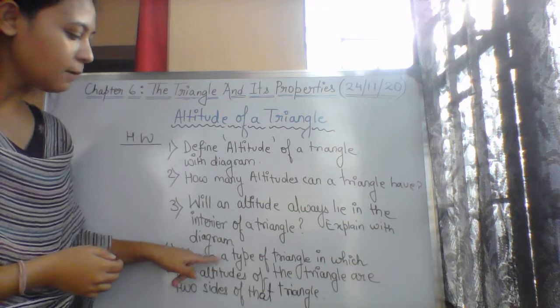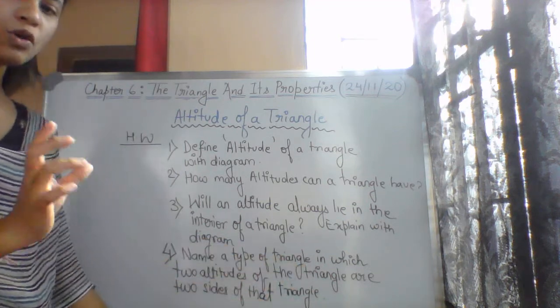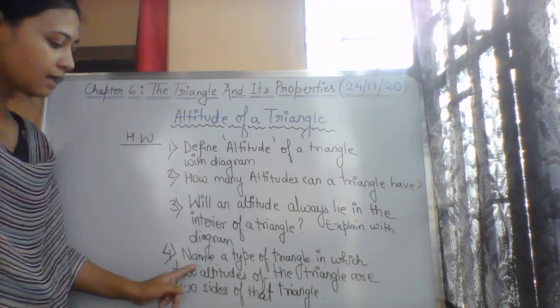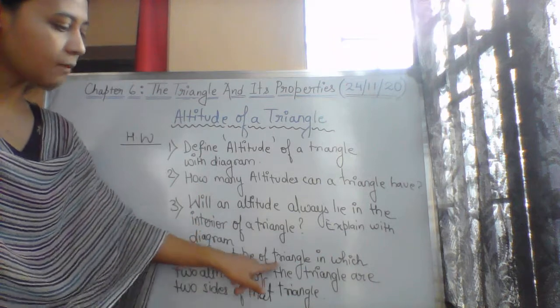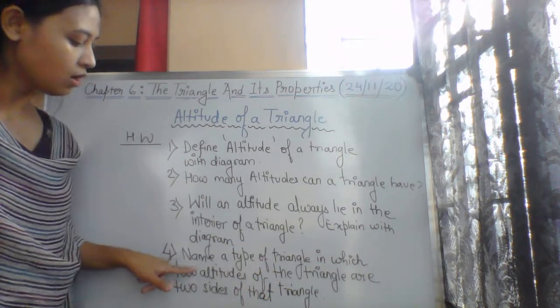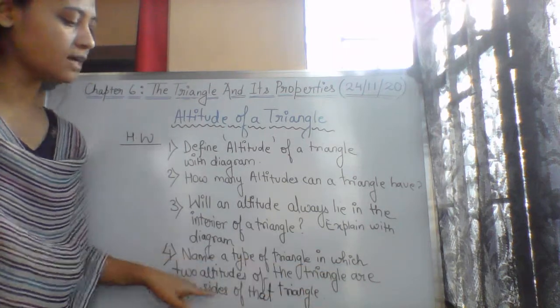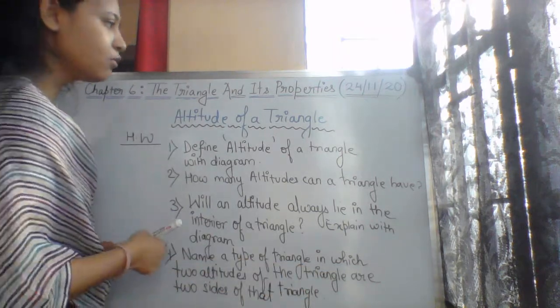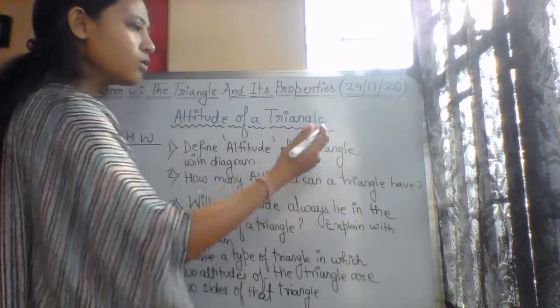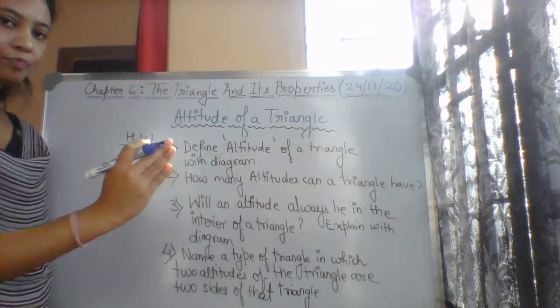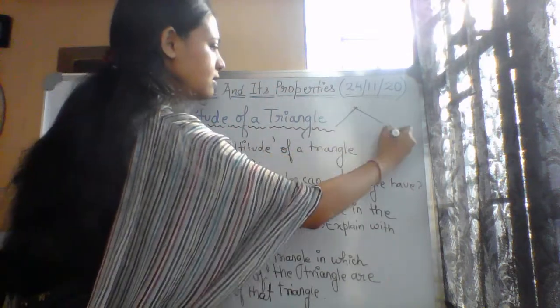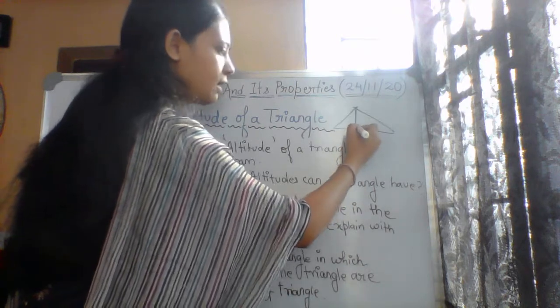Fourth, name a type of triangle. You know 6 types of triangle. Name one type of triangle in which 2 altitudes of the triangle are 2 sides of the triangle. Generally what we see, altitude is a separate line.